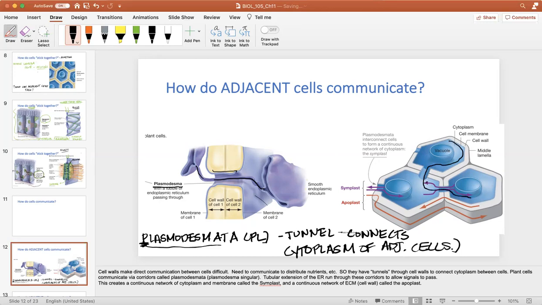And I bet you there's another, let's see, we'll go out through here. So there's this continuous network of cytoplasm among all these cells because of these tunnels. That continuous network of cytoplasm has a name in plants. It is called the symplast.